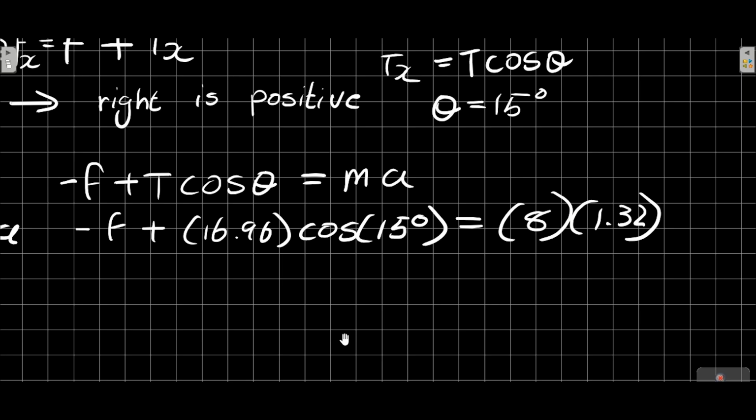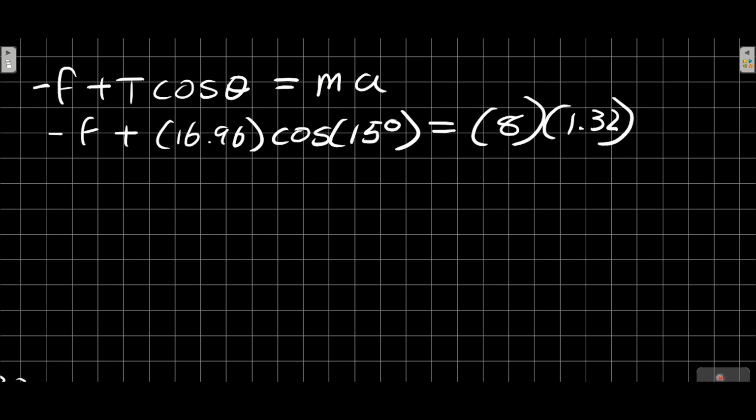Let me grab a calculator. So if we multiply these two, we get negative F and 16.382. Then if we multiply these two, we get 10.56.